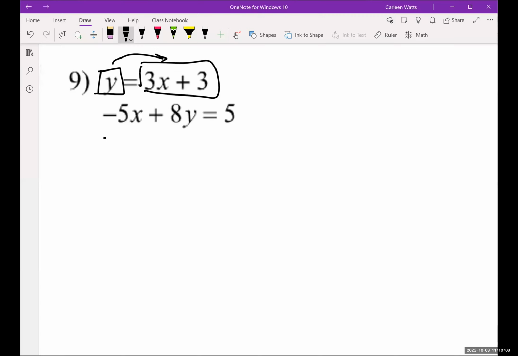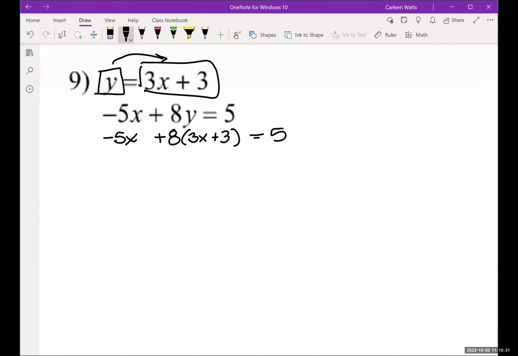So let's take the bottom equation. Y is not here tomorrow. A substitute is going to go in Y's place. And what goes into the parentheses? 3x plus 3.